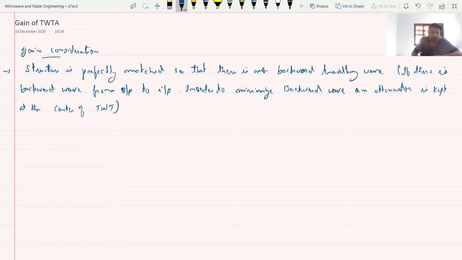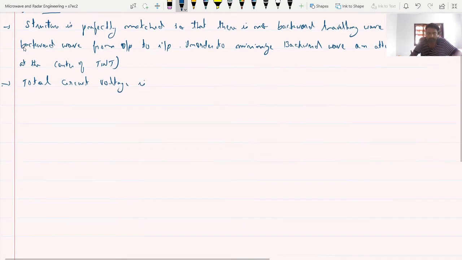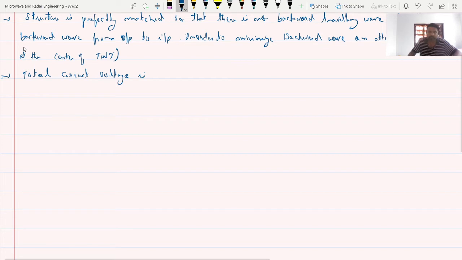Okay, so the total circuit voltage is the sum of three forward voltages, or three forward traveling waves, we can call this traveling wave.